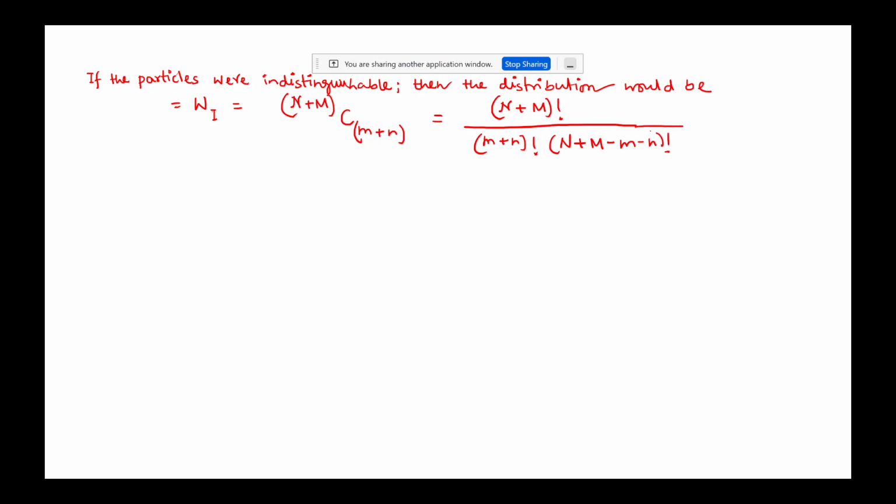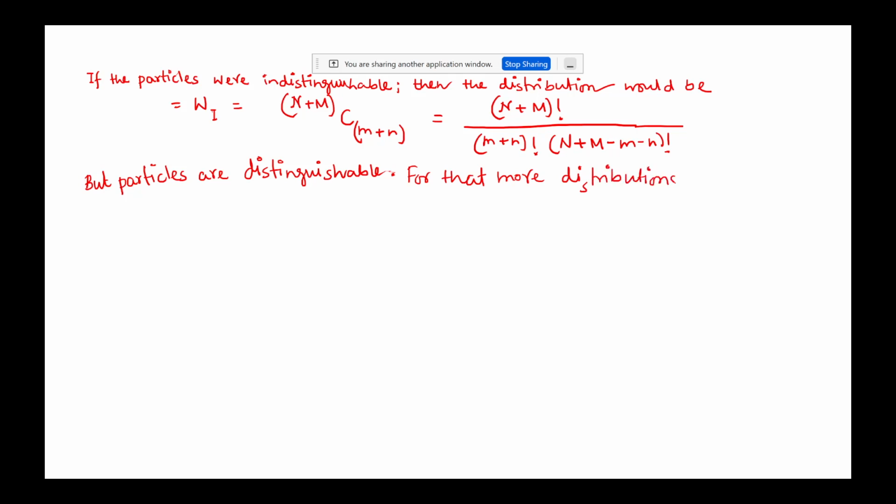But these particles are distinguishable, right? So more distributions will be added.